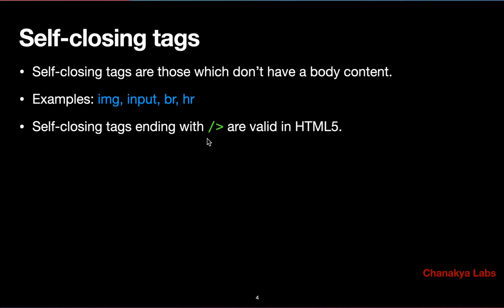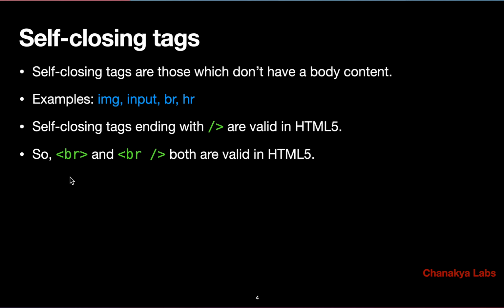Okay, just now I mentioned that in HTML5 it is valid to end it with a forward slash and closing bracket also, which means that this and this both are equivalent in HTML5. In fact, you should try to write it like this. So BR tag, HR tag, these are normal, right?